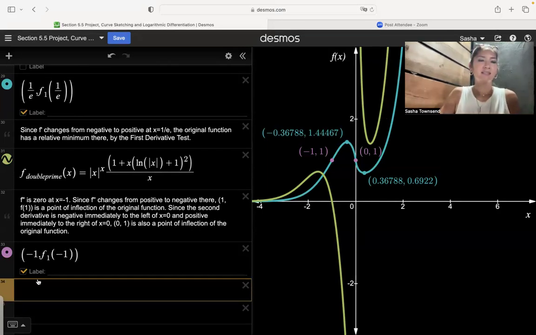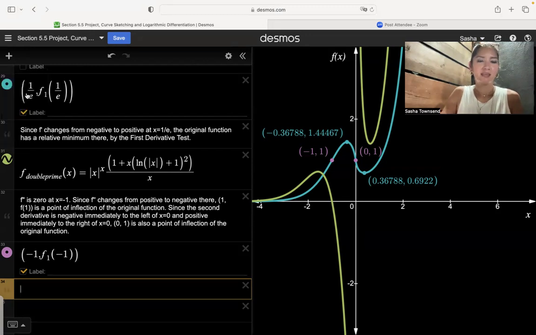So let's state that, and I think then we'll be done. We'll say the graph of f is concave upward on negative infinity to -1 and 0 to infinity, because the second derivative is positive on that interval and positive on that interval.